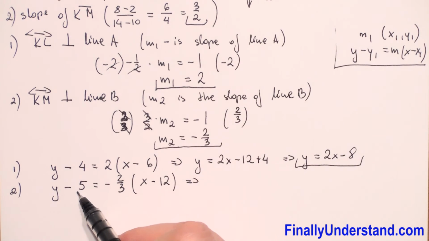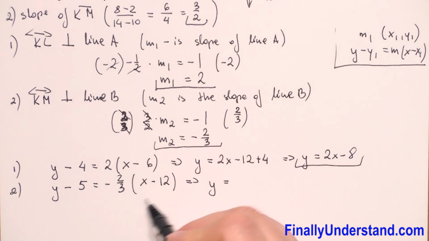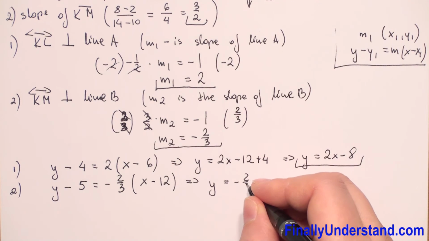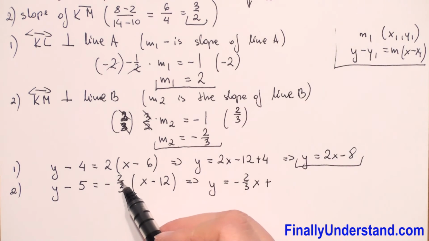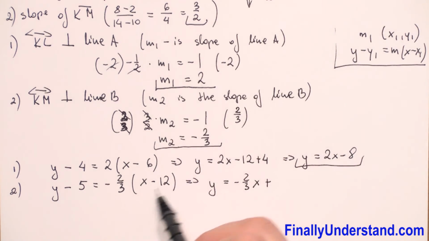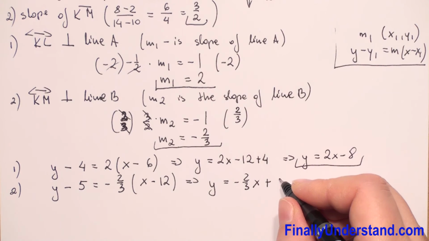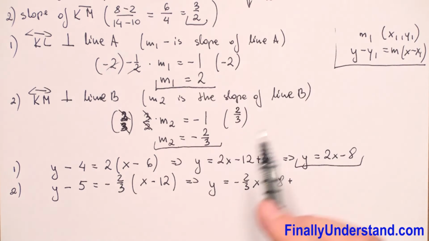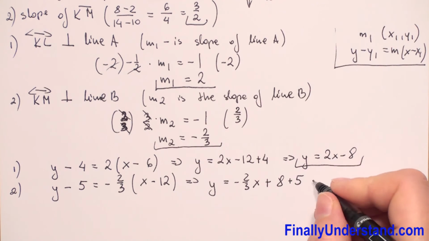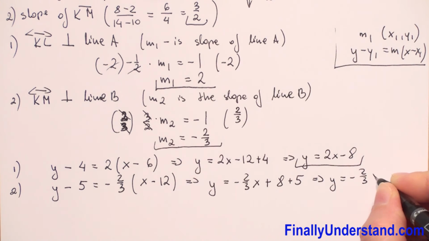So I will move negative 5 to the right side, so y on the left side is equal to, and I will do the multiplication, so it will be negative 2 over 3 x. Negative times negative is positive, 2/3 times 12. 3 with 12 we can reduce, so it will be 4. 4 times 2 is 8. And plus 5, because we will move negative 5 to the right side. So we have y is equal to negative 2/3 x plus 13.